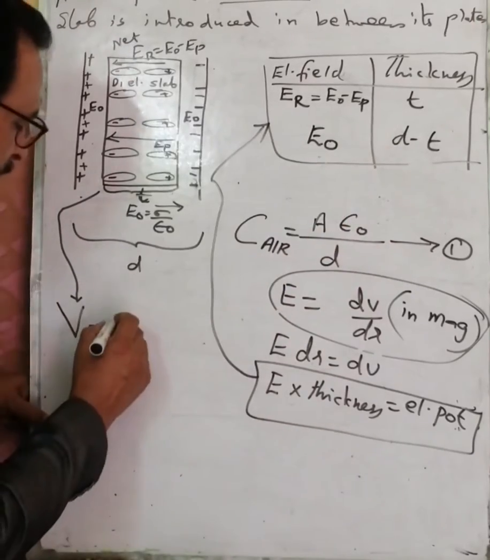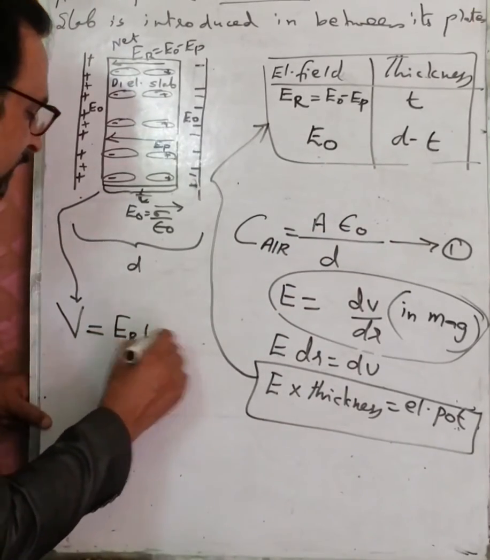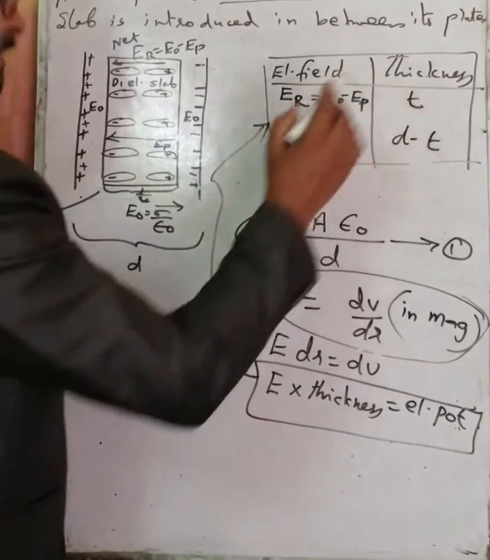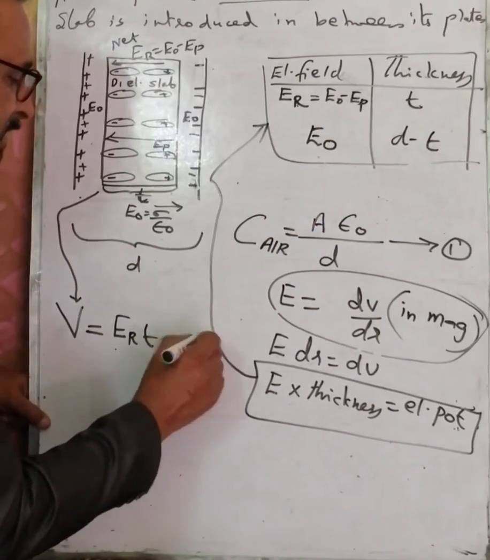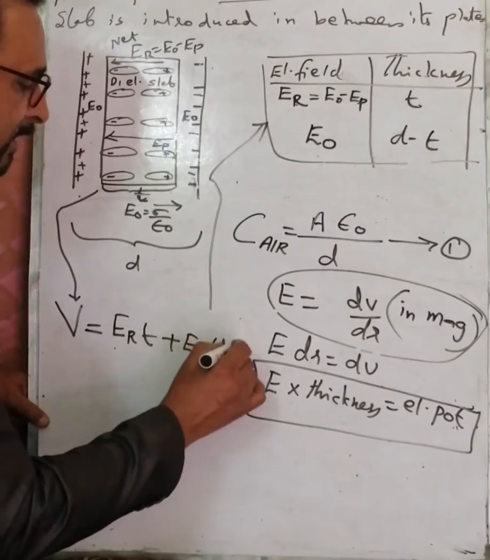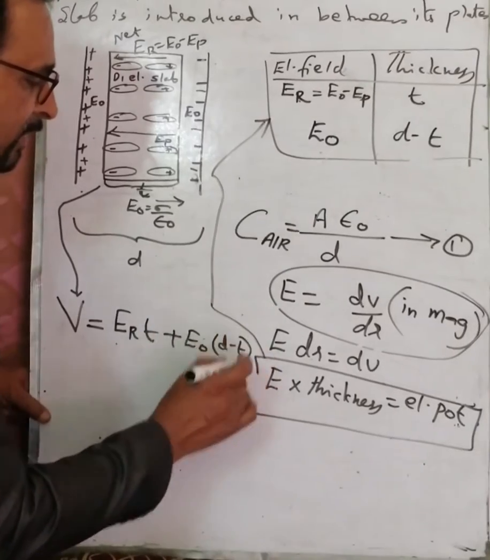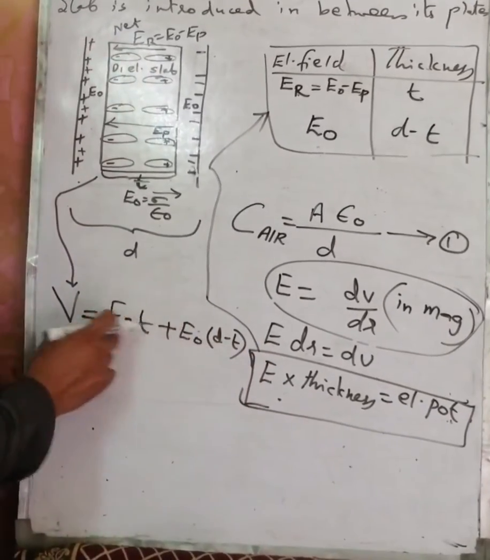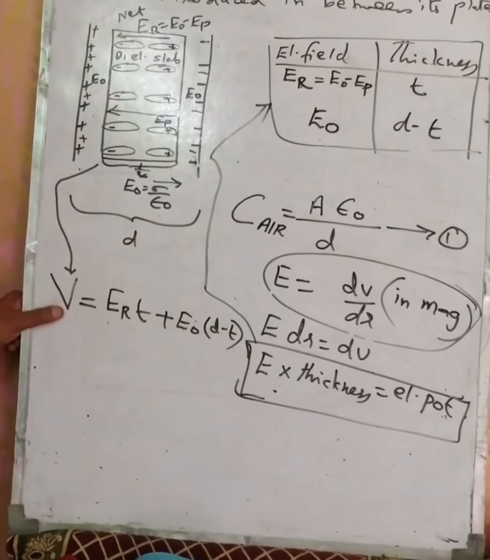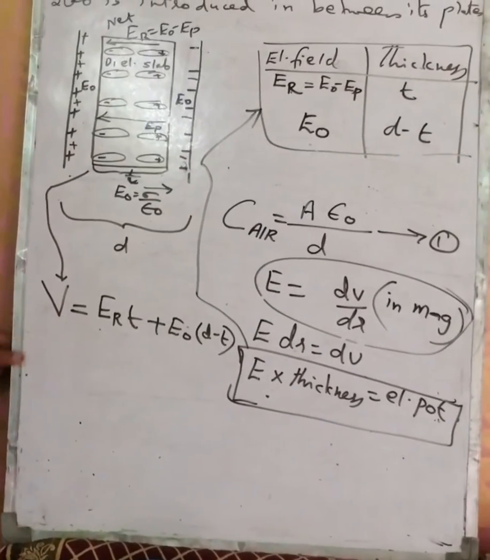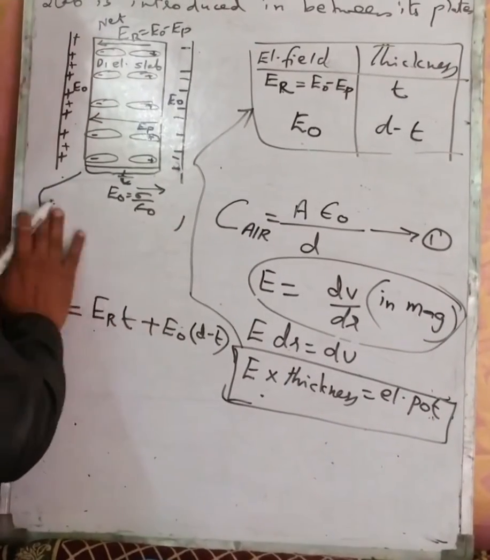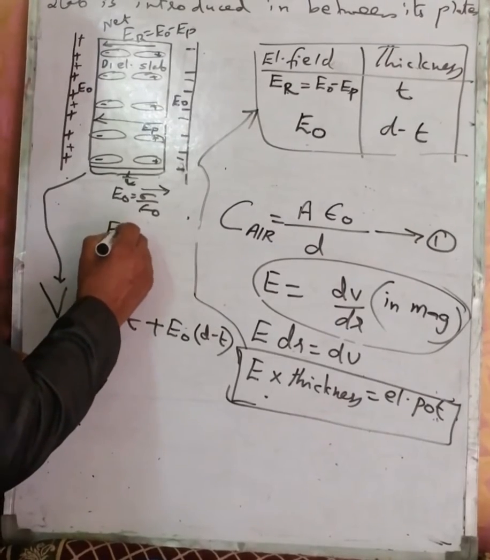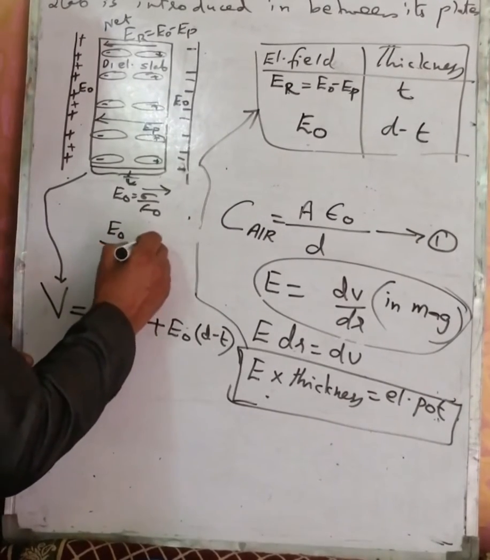That means you multiply ER with T. ER exists for thickness T, and E naught exists for thickness D minus T. If you multiply these and take the sum, you get the total potential difference between the plates. And in the previous class I already told you that E naught by ER is called K.